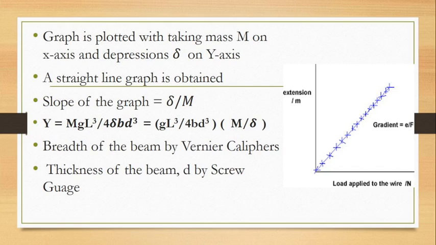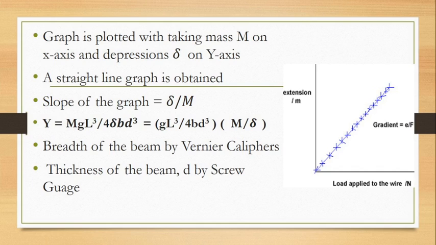So m by delta is given as another bracket. So we have the value of delta by m from the graph and we can substitute it in this equation so that we can find out the Young's modulus of the material of the beam.